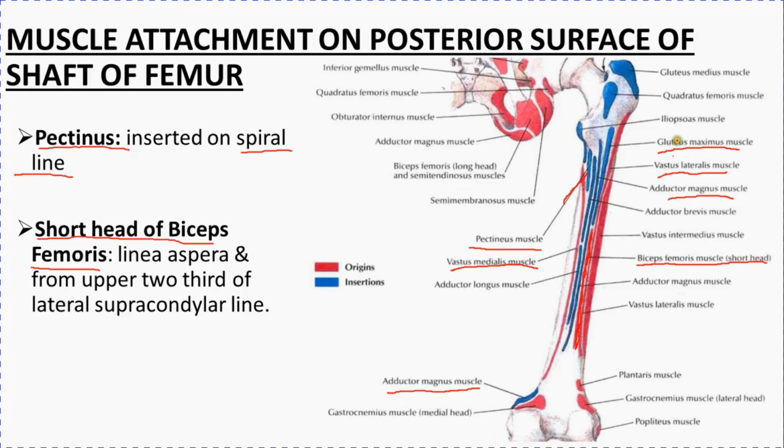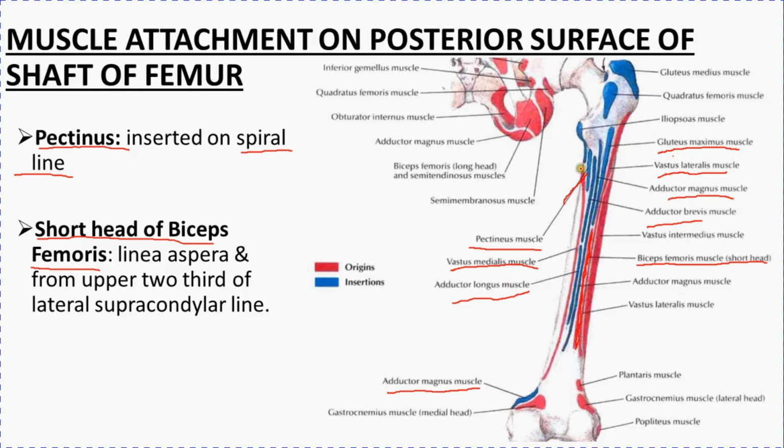The adductor brevis muscle arises from the upper one-third of the linea aspera. The adductor longus muscle arises from the middle one-third of the linea aspera.